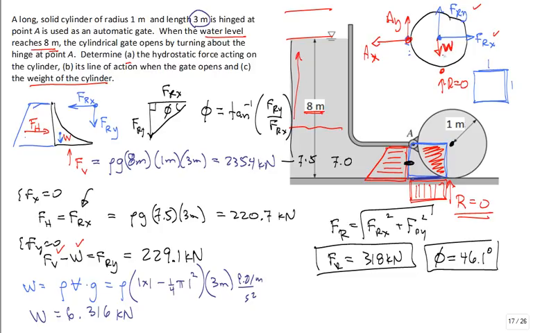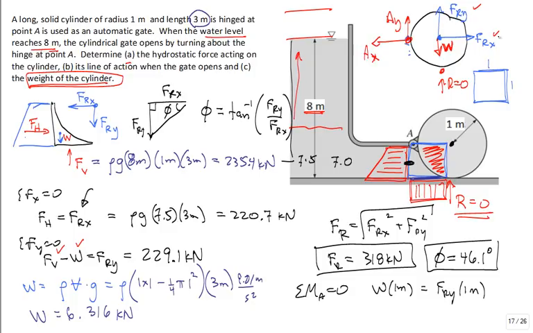But guess what I'm asked to calculate? The weight of the cylinder. How would I calculate W? What's the strategy? Do the sum of the moments around the point A, the hinge. And when you do the sum of the moments around the hinge A, you find that the weight at a distance 1 meter off, acting downward, balances F of Ry at a distance 1 meter, acting upward.